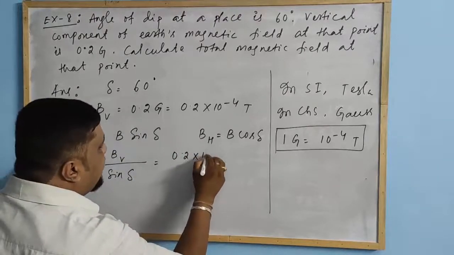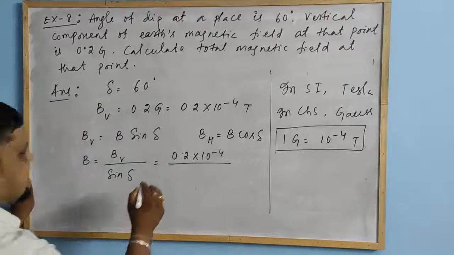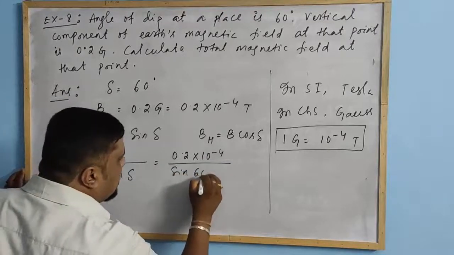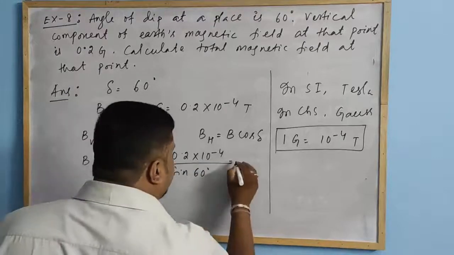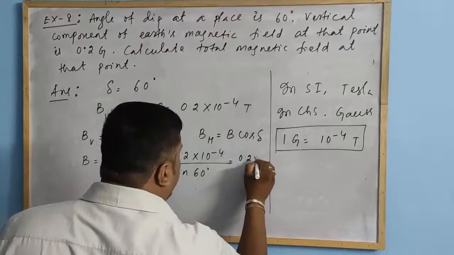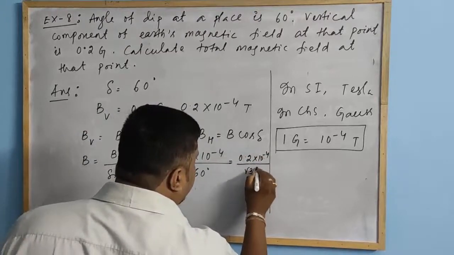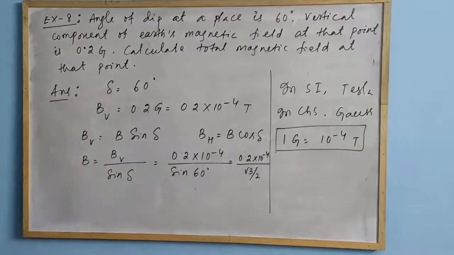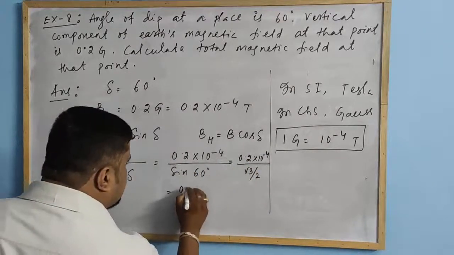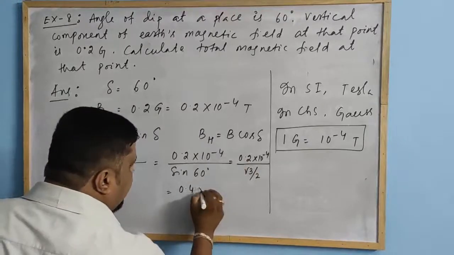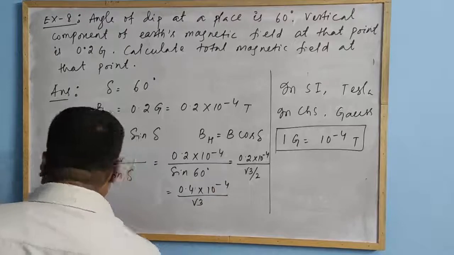So what is B_V? 0.2 into 10 to the power minus 4 divided by sin 60. Sin 60 is root 3 by 2. So this is equal to 0.2 into 10 to the power minus 4 divided by root 3 by 2. If you calculate, this will be 0.4 into 10 to the power minus 4 divided by root 3.